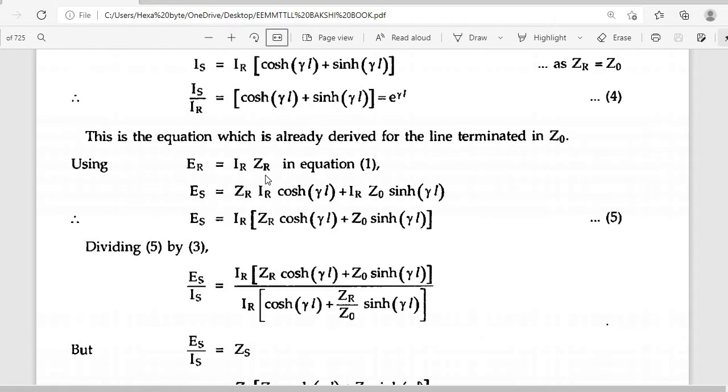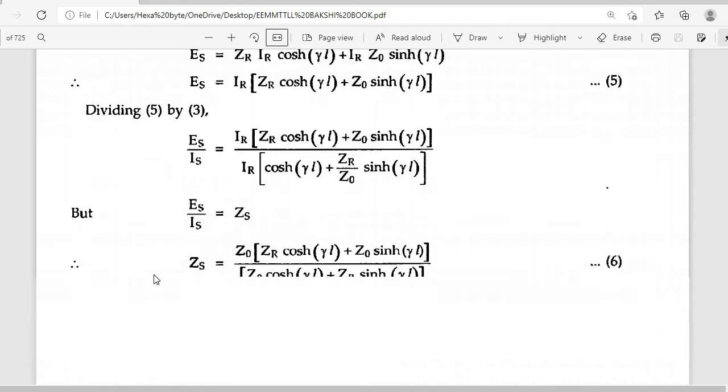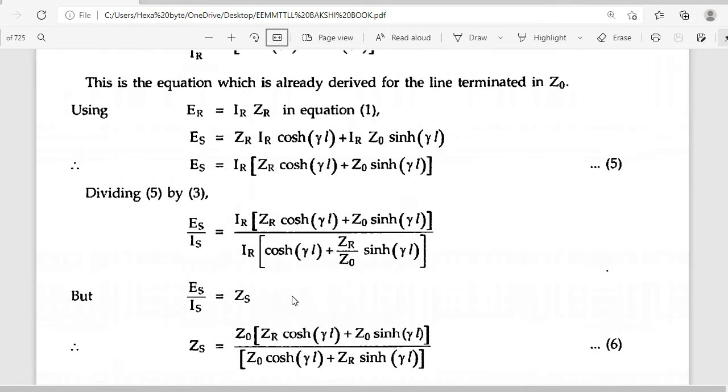So, ER is equal to IR ZR in equation 1. ES is equal to ZR IR cosh gamma L plus IR Z naught sinh gamma L. Then ES is equal to IR times ZR cosh gamma L plus Z naught sinh gamma L. So, as usual, ES by IS, dividing 5 by 3, is equal to ZS.